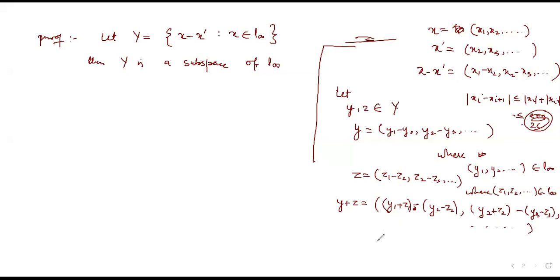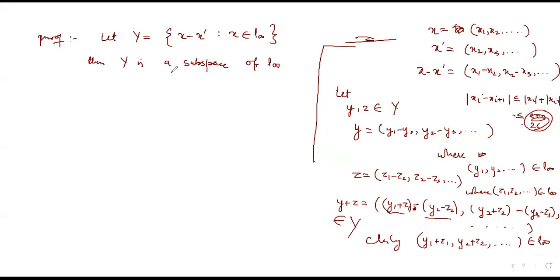Now clearly y1 plus z1, y2 plus z2, because L infinity is a vector space, belongs to L infinity. और तो मतलब ये जो differences of sequences इस type की, then this must belong to y. So y is closed with respect to vector addition, and of course scalar multiplication भी ऐसे ही prove होगा. So मैं मान लेता हूँ y is a subspace.